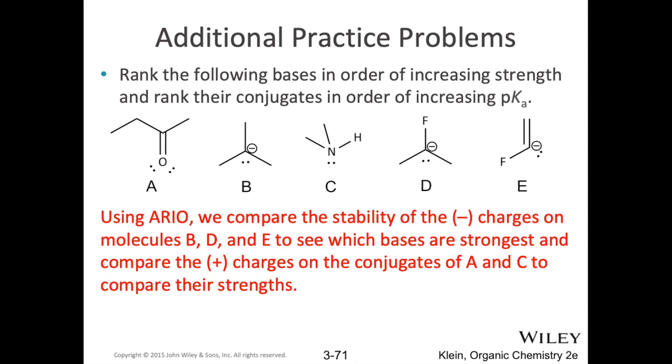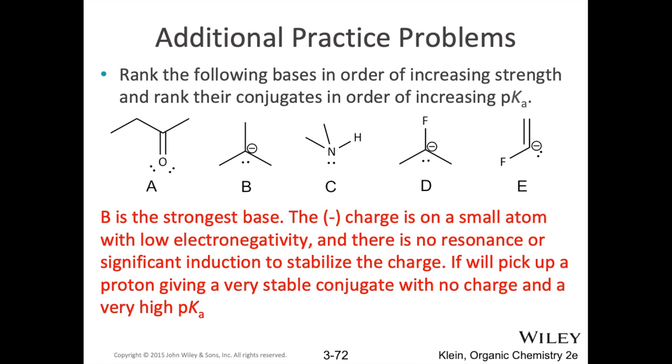So let's have a look at how the negative charges on B, D, and E compare. And if we look at A and C, we can figure out what happens if we protonate them and look at them accordingly.